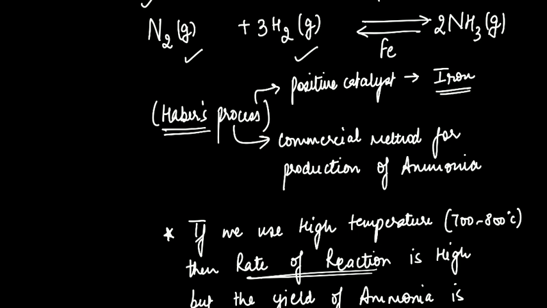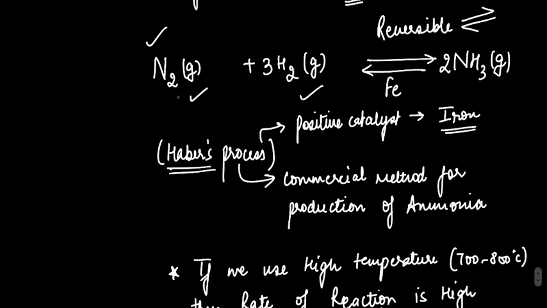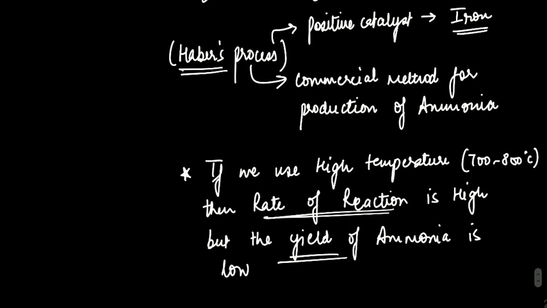So this iron will make sure that the nitrogen and hydrogen chemically react and produce ammonia with a high rate of reaction. So we will get ammonia in less time compared to what we were doing with high temperature.